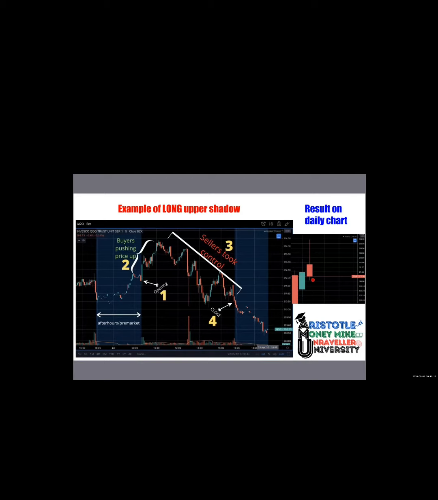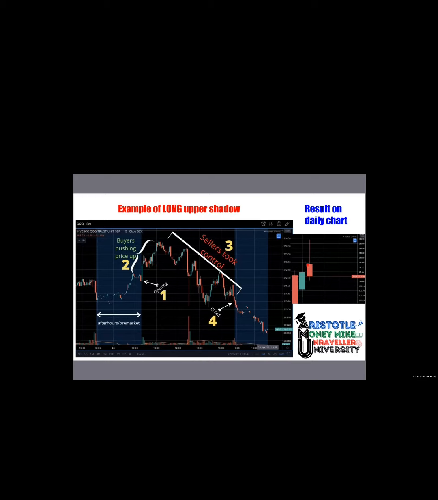If I'm looking at this, I will know there was some type of reversal during the day. Today was pretty good, but then bears came back in control and pushed the prices down. One more time, it opened here, and then buyers pushed the prices as high as here. This will explain the wick.